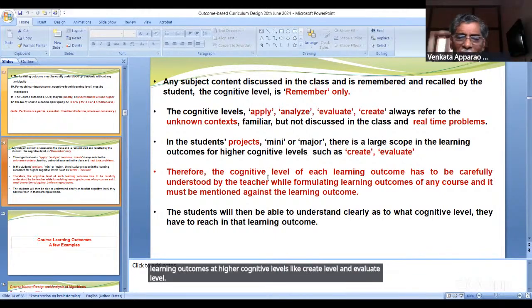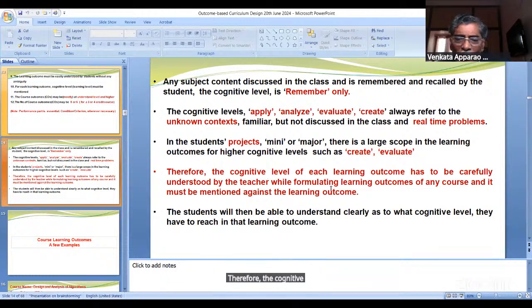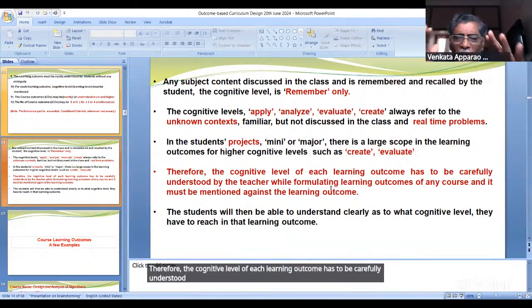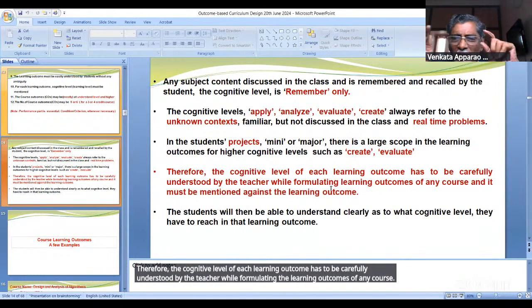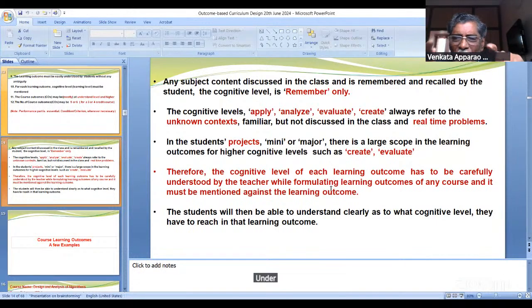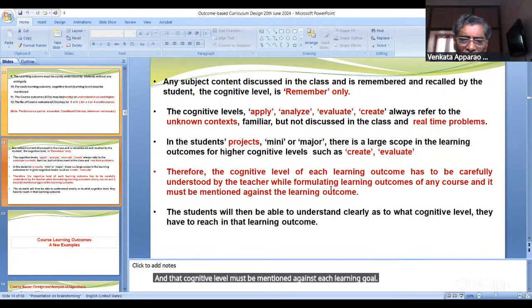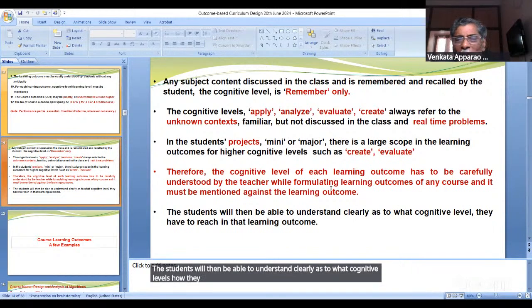Therefore, the cognitive level of each learning outcome has to be carefully understood by the teacher while formulating the learning outcomes of any course. And that cognitive level must be mentioned against each learning outcome. The students will then be able to understand clearly as to what cognitive levels they have to reach in that particular learning outcome. Right?